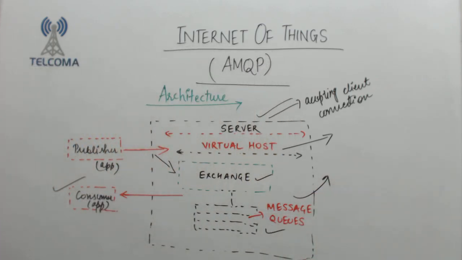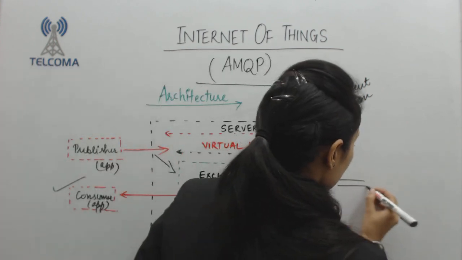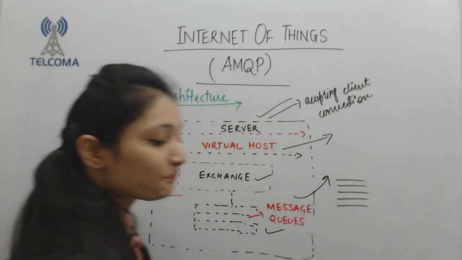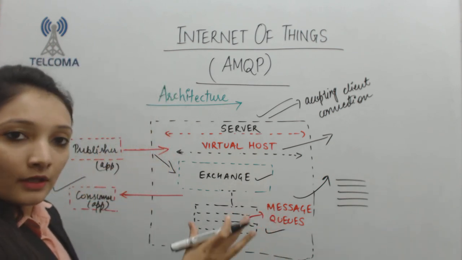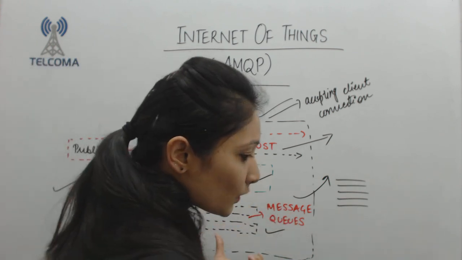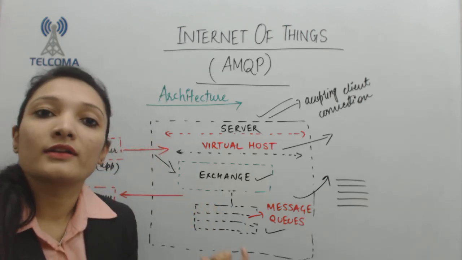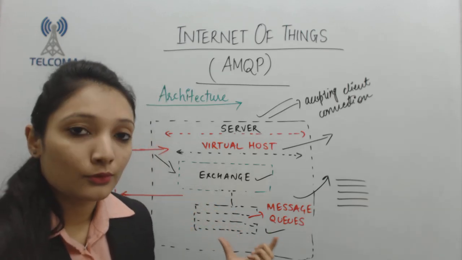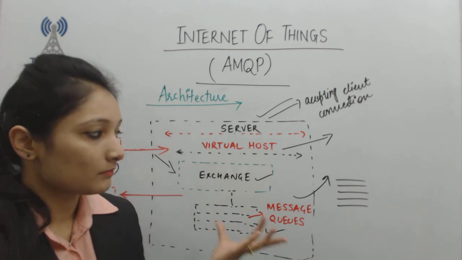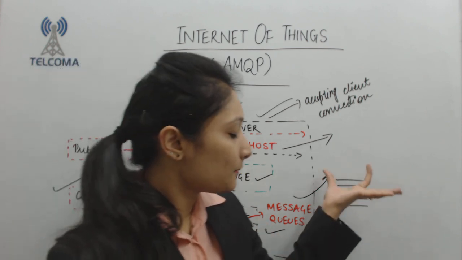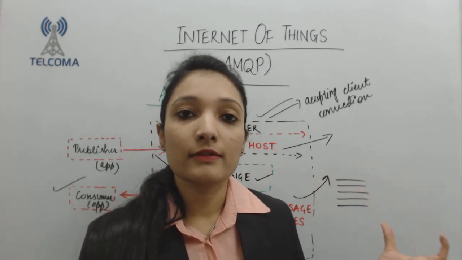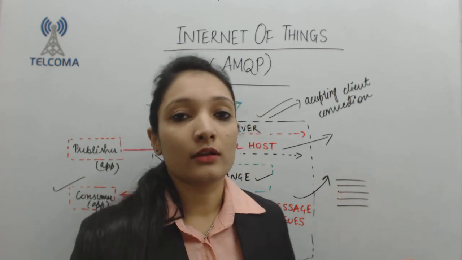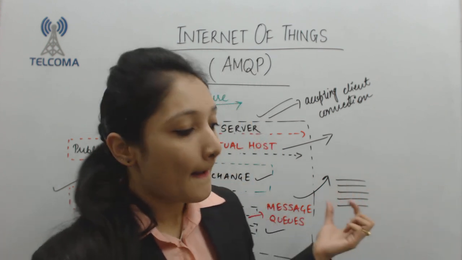Now, queue basically refers to a set of certain messages. So, a message queue is responsible for storing the messages in memory or on disk, and it will be storing those messages in an appropriate manner, or we can say in a pre-directed manner. That's what makes it a queue, because when it has to forward, it will be forwarding those messages in that pre-directed manner.